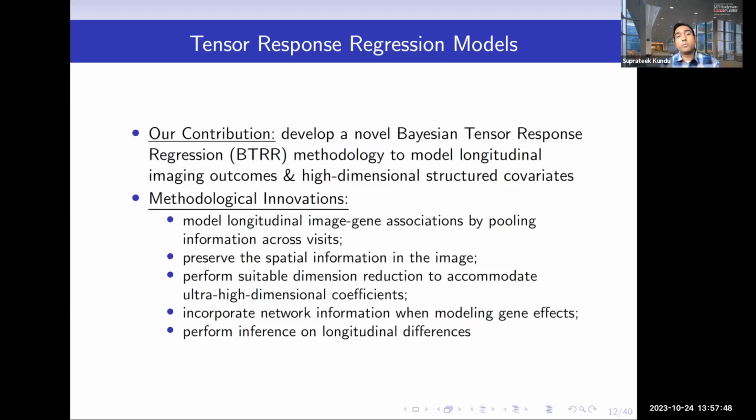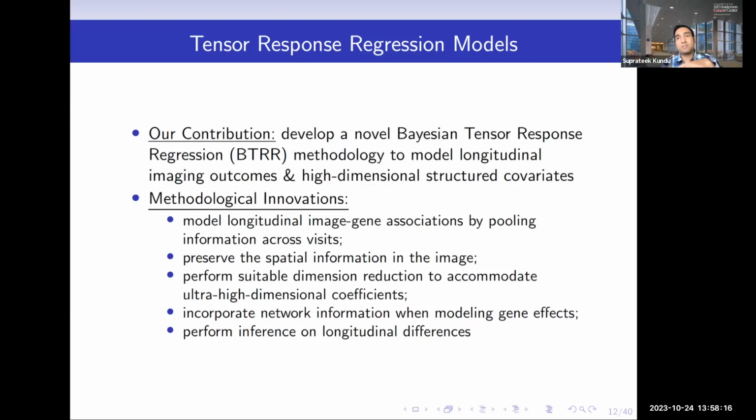Now, what are the methodological innovations in this work? Well, the first one is we are able to model longitudinal image gene associations by pooling information across visits. So not only are we able to model the longitudinal images, we have a way to pool information across visits as well. And that's a bonus, because we expect those imaging associations to have some shared patterns across visits, right?